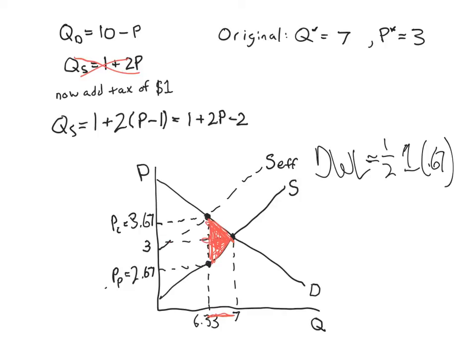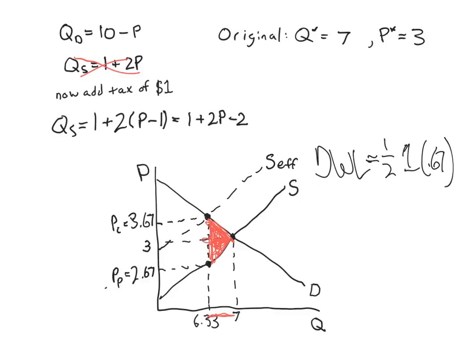In terms of finding these numbers numerically, just replace the P with P minus the size of the tax. That's what we did here. Don't forget the parentheses, because here it makes a difference. It's 2 times P minus 1, so that becomes 2P minus 2. If you forget the parentheses, you might just say, oh, it's 2 times P minus 1, but then you'd have minus 1 over here, not minus 2, and you'd get the numbers slightly wrong.